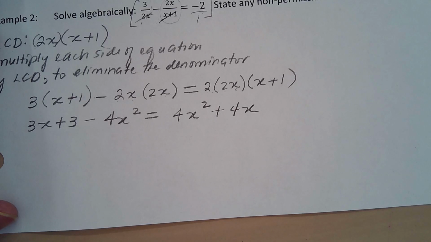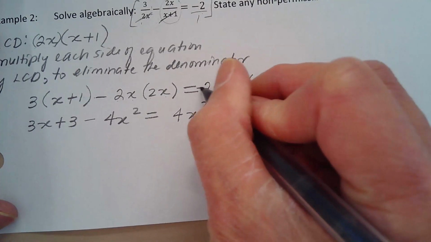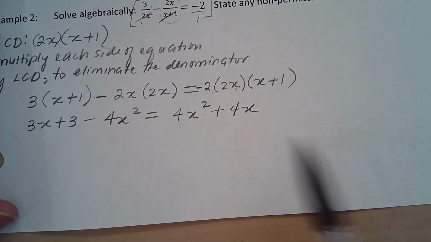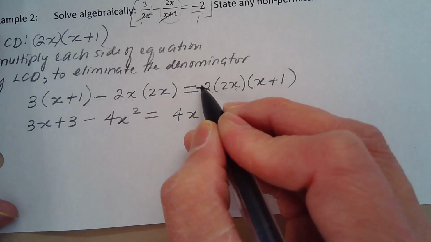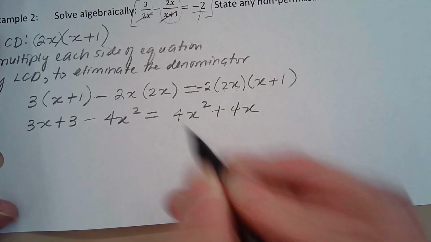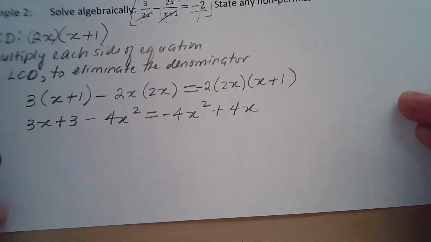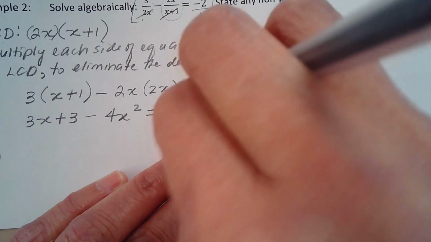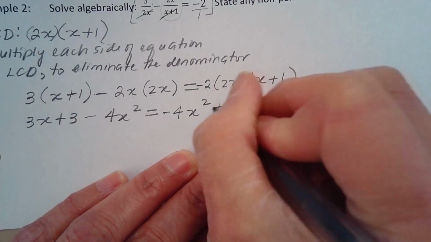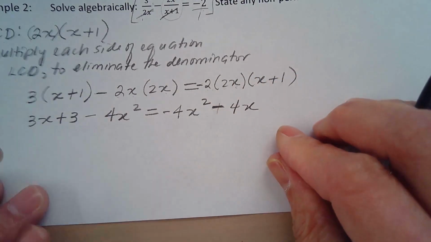Oh yes, it is negative 2. Thank you for telling me. Otherwise I would have got the wrong number. So it's going to be negative, because I didn't put the negative. So this is a negative, and then this is negative 2, negative as well. Okay, good.